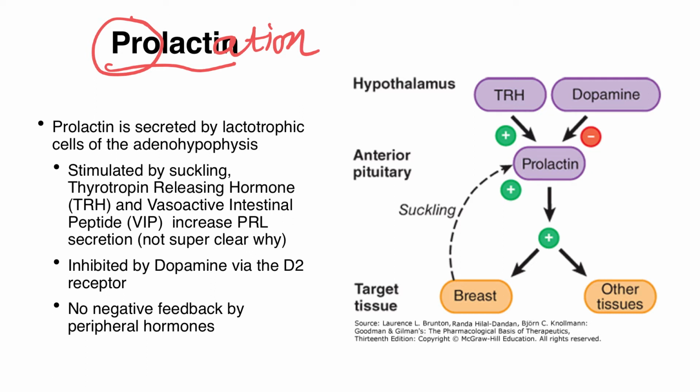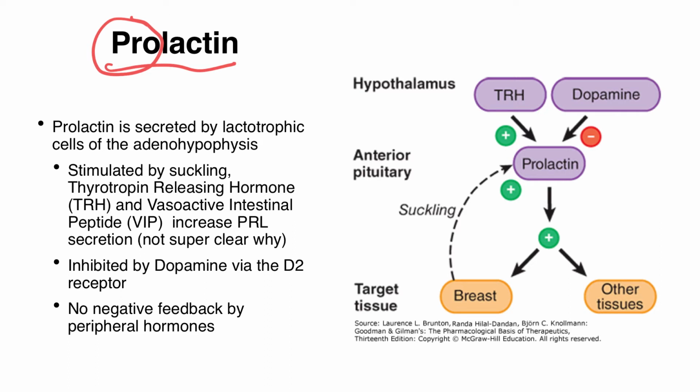Prolactin is what drives milk production in the body. The cells in the adenohypophysis, also called the anterior pituitary, that secrete prolactin are called lactotrophic cells. So they are cells that drive the creation of milk.